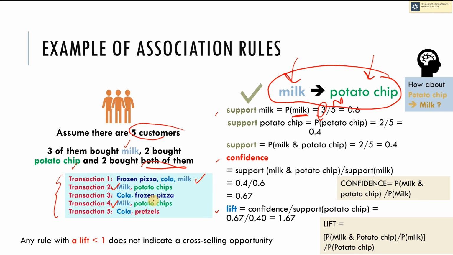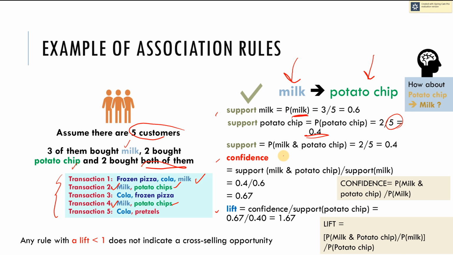How many transactions do we have here? N is 5. So we say this as 3 over 5, that is equal to 0.6. What about the support of potato chips? Potato chips have been bought in 2 transactions, transaction 2 and transaction 4, over 5 all transactions. So we get 0.4 here.